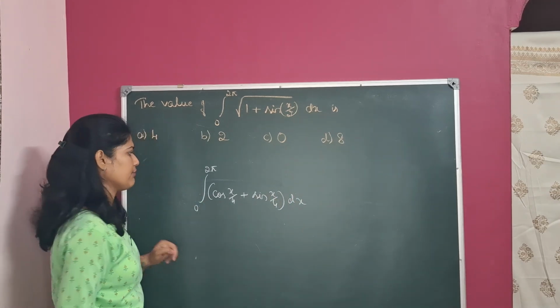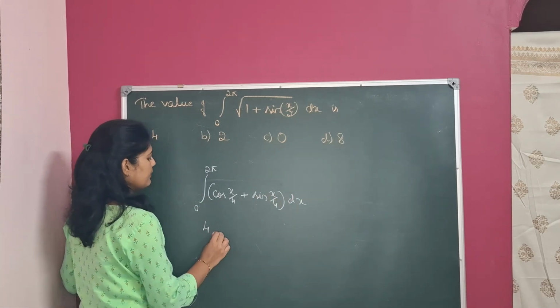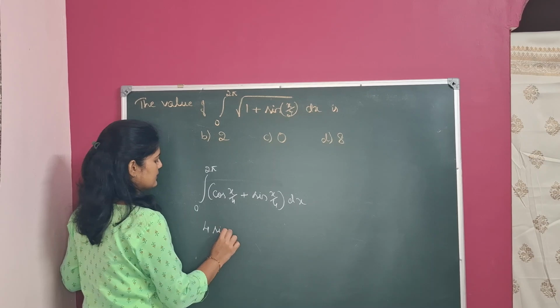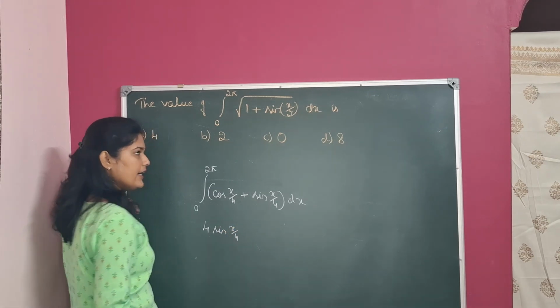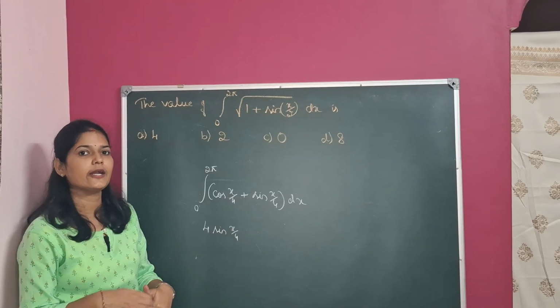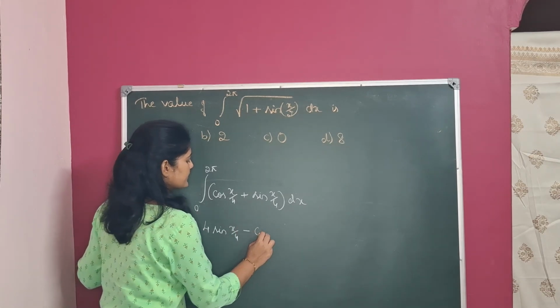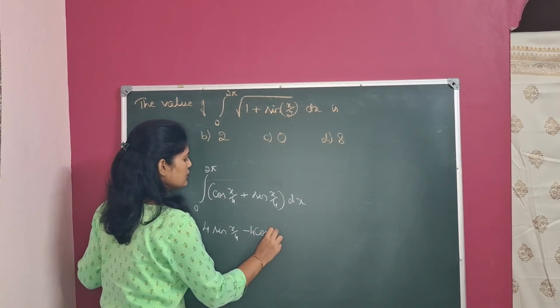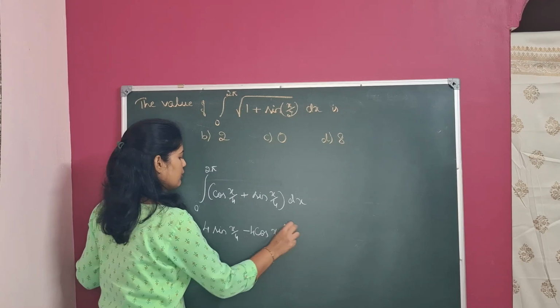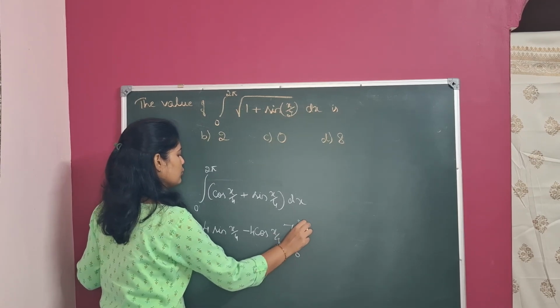into dx. If we integrate this, the integral will be 4 sin x by 4, since it is sin x by 4 divided by 1 by 4, minus 4 cos x by 4. The limit is from 0 to 2 pi.